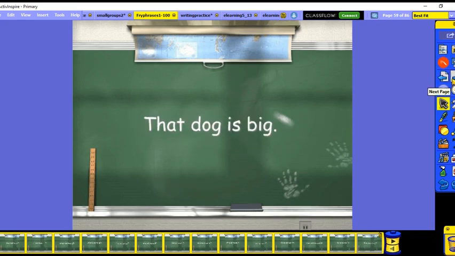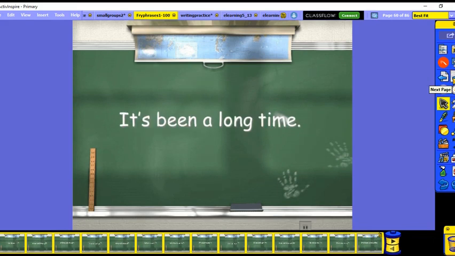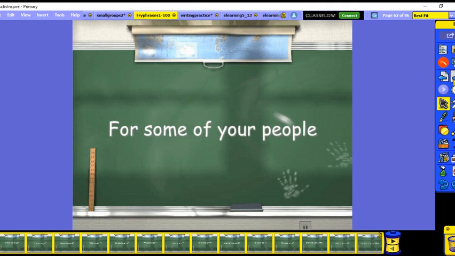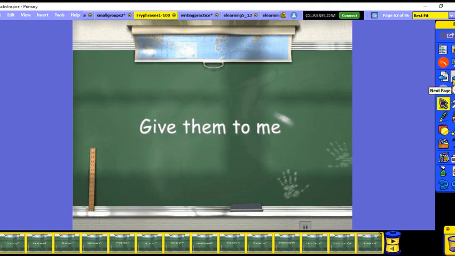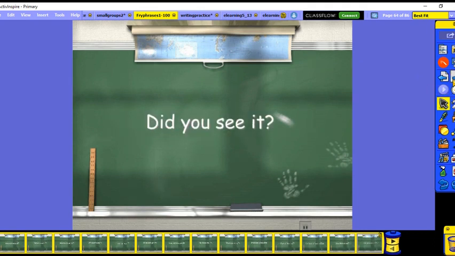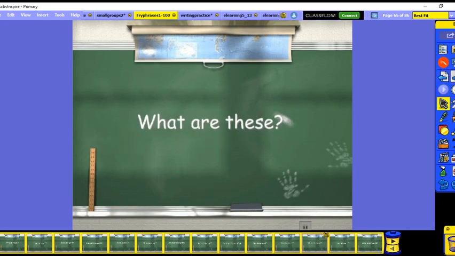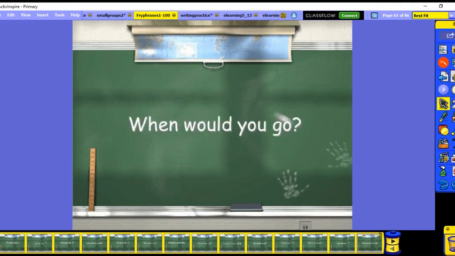That dog is big. It's been a long time. Part of the time. For some of your people, give them to me. Did you see it? What are these? But not me. When would you go?